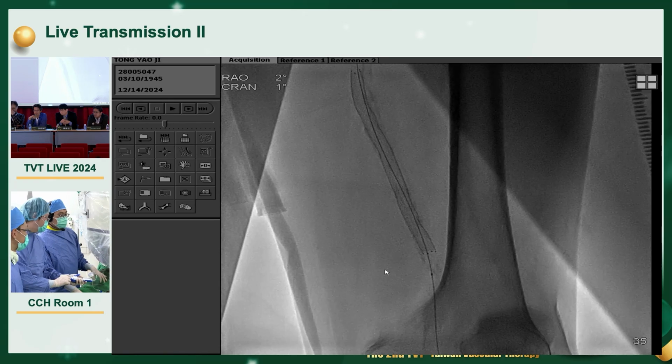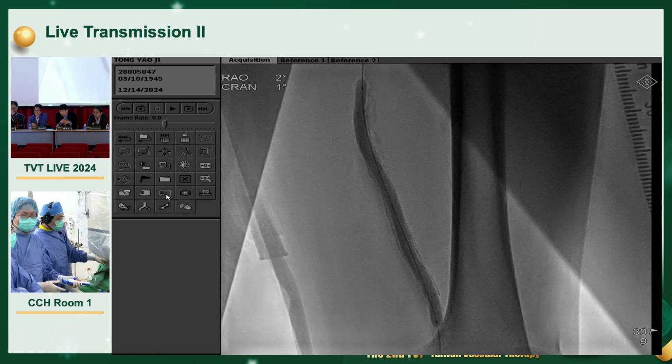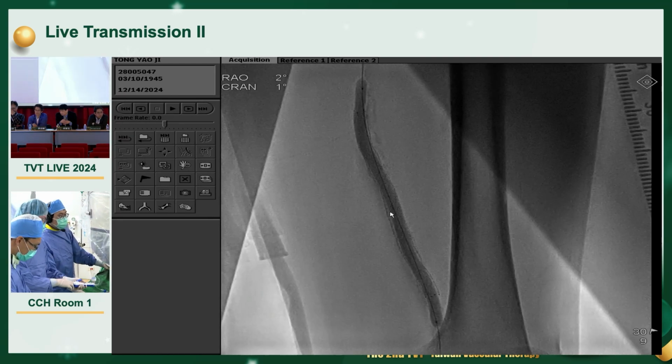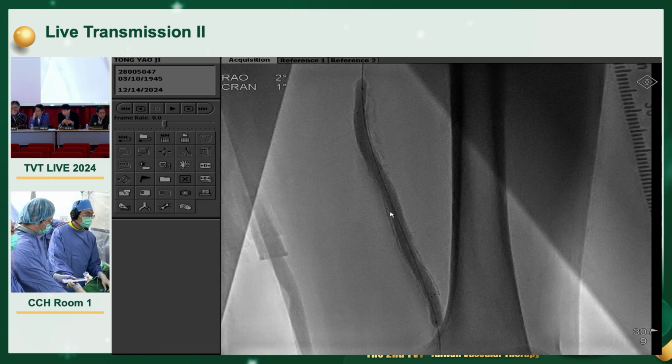Maybe the DES is better for vessel patency in the long run. Stenting from middle to proximal. Yes, or ostium. Yes, cross the ostium, because of the very long dissection after the angioplasty. Maybe we need 2 long DES.